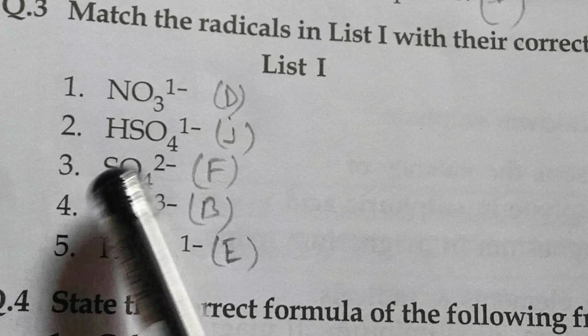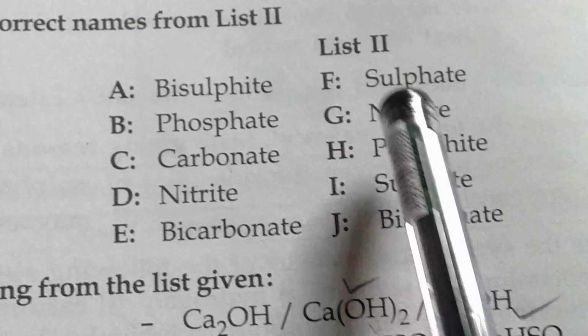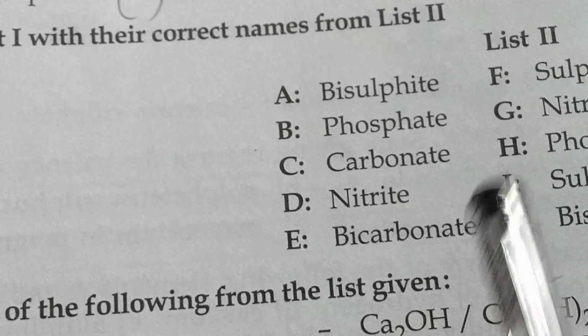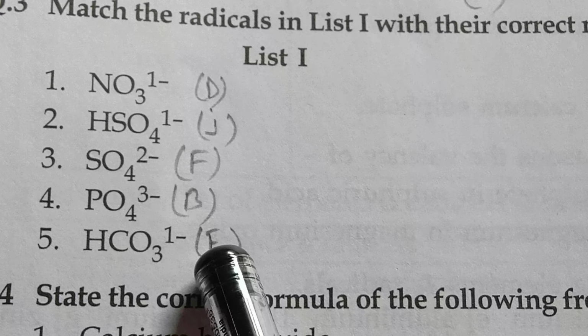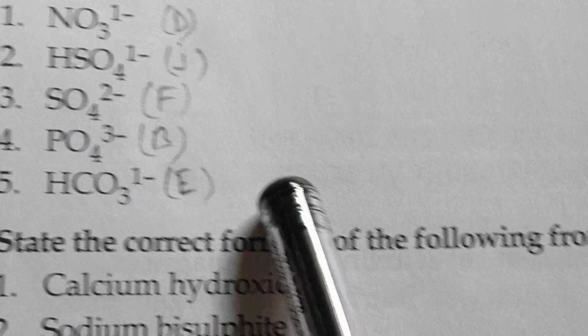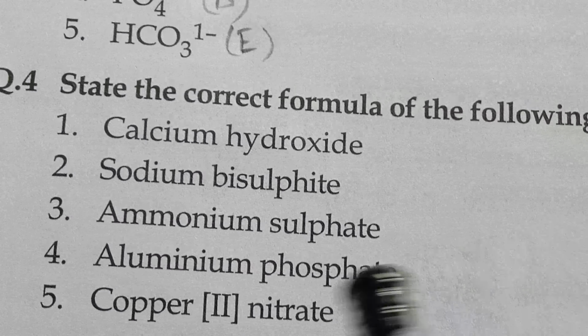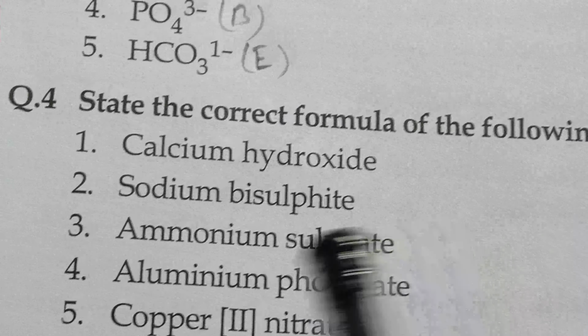SO4 2 minus, that is simply sulfate. PO4 3 minus, the answer is phosphate. HCO3 1 minus, it means bicarbonate. Number E, bicarbonate.